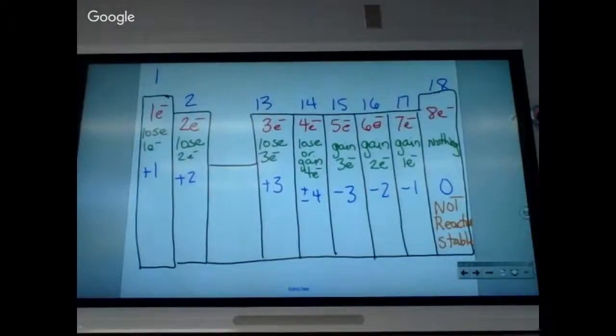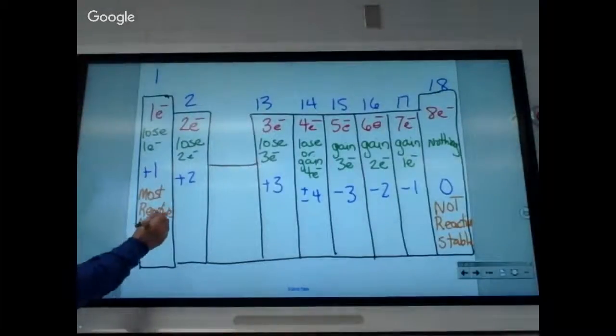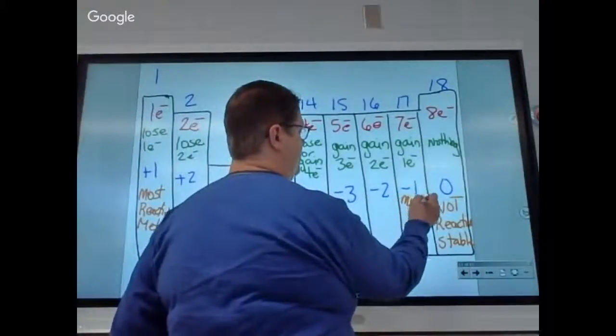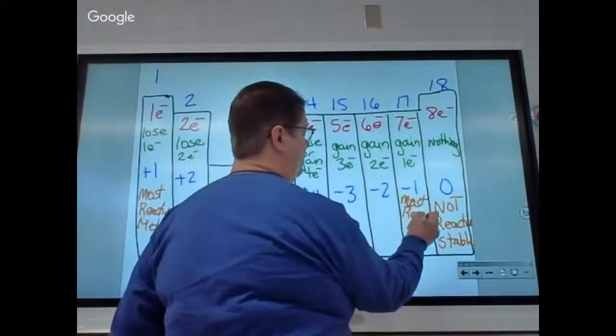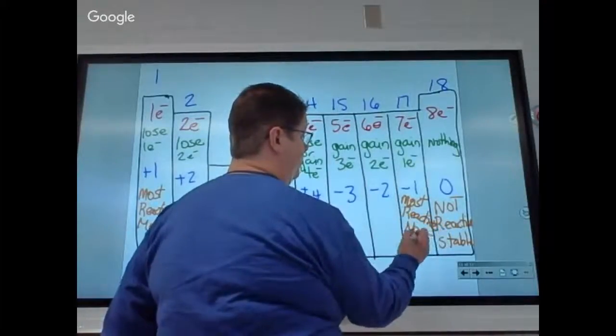All right. So these are the most reactive metals, and these are the most reactive non-metals.